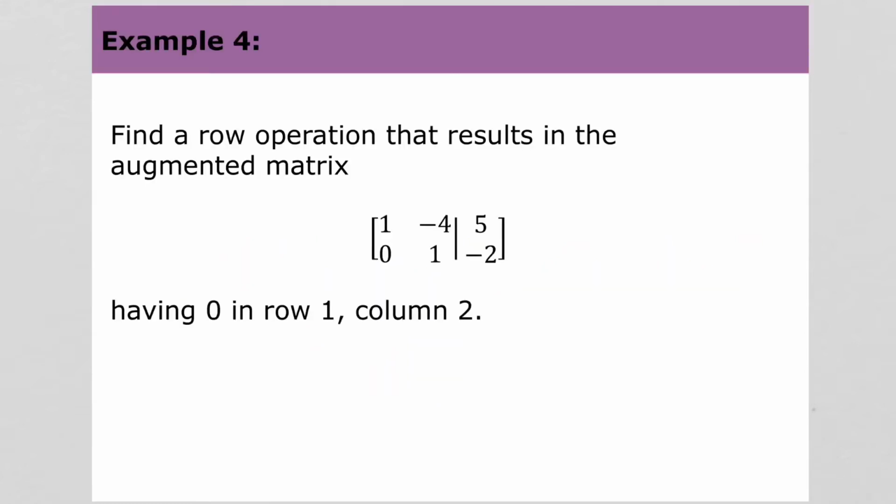Example 4 says find a row operation that results in this augmented matrix. Having 0 in row 1, column 2. Okay, so we're starting with our 1, 0, negative 4, 1, 5, negative 2.